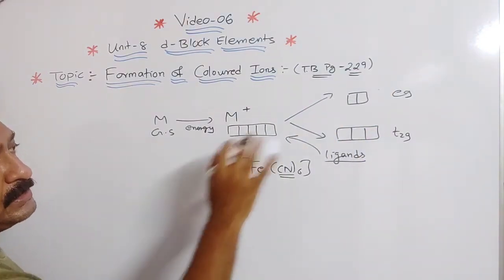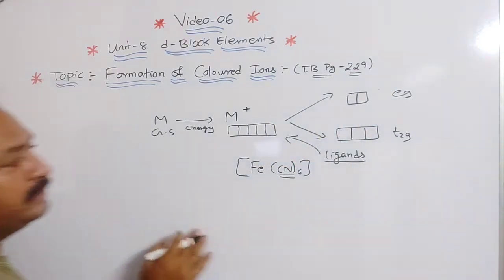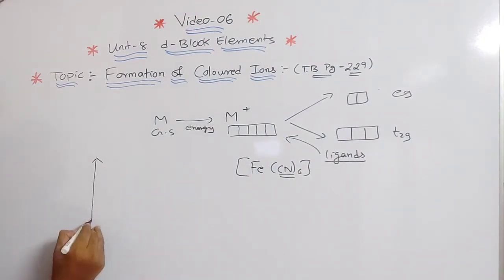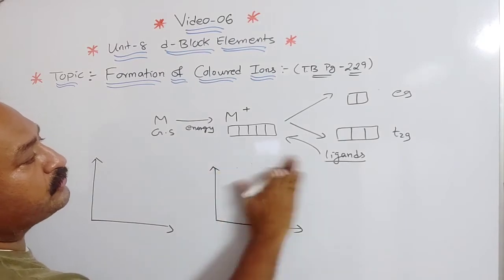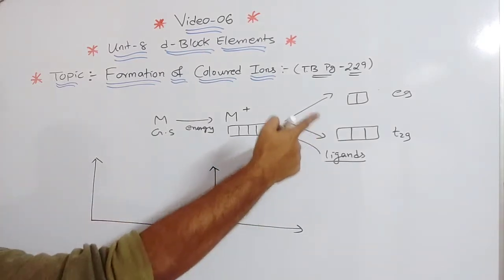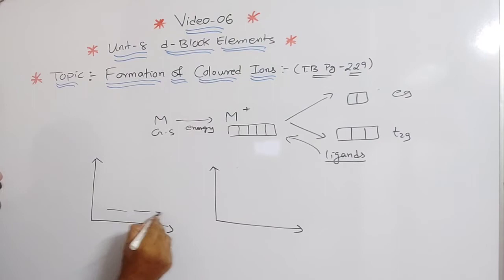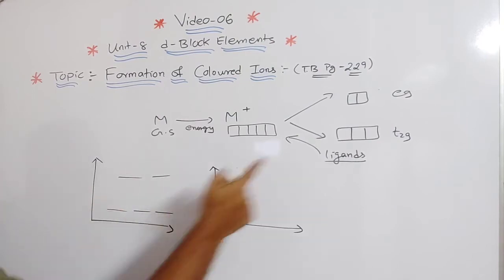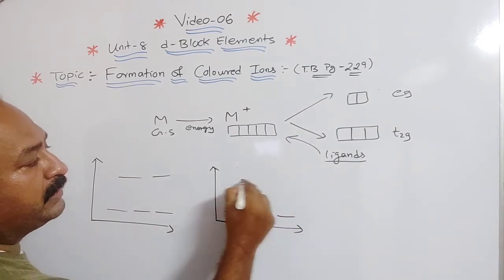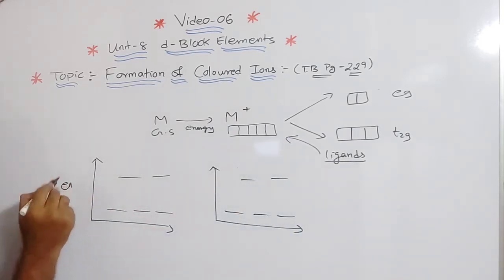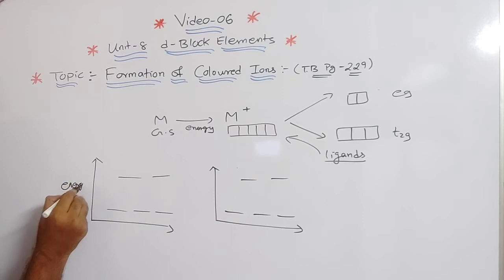Now I will draw this in this form, showing energy here, like this. When there is a splitting of d orbitals, you will see these 3 orbitals I have drawn here and these 2 orbitals here, again 3 orbitals and 2 orbitals. This axis shows energy.